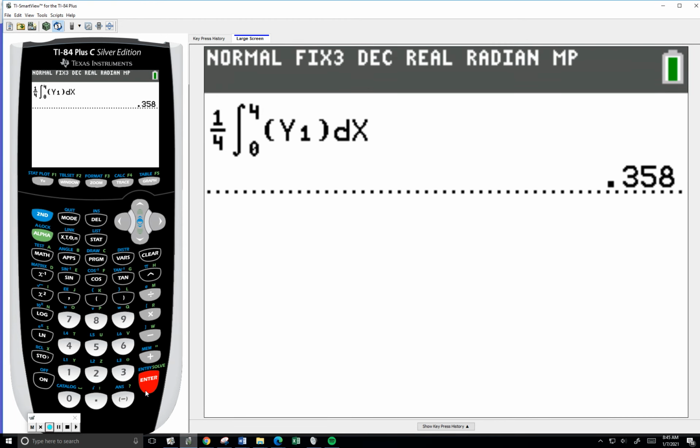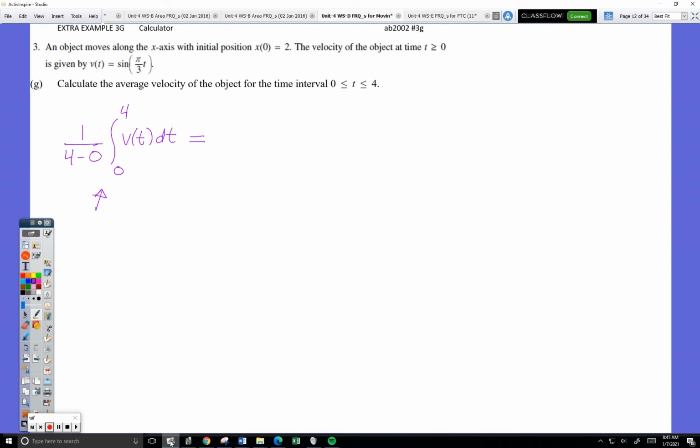That's the average velocity, 0.358. Probably get 2 points on the AP test for doing that right there.